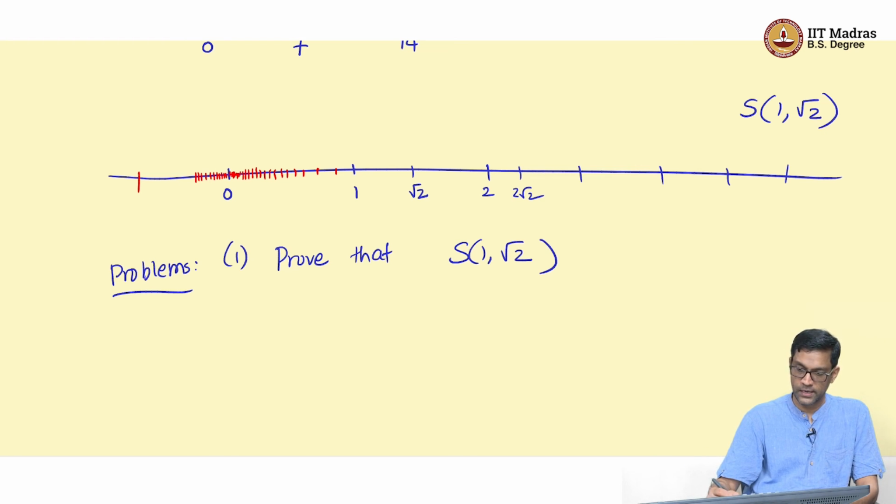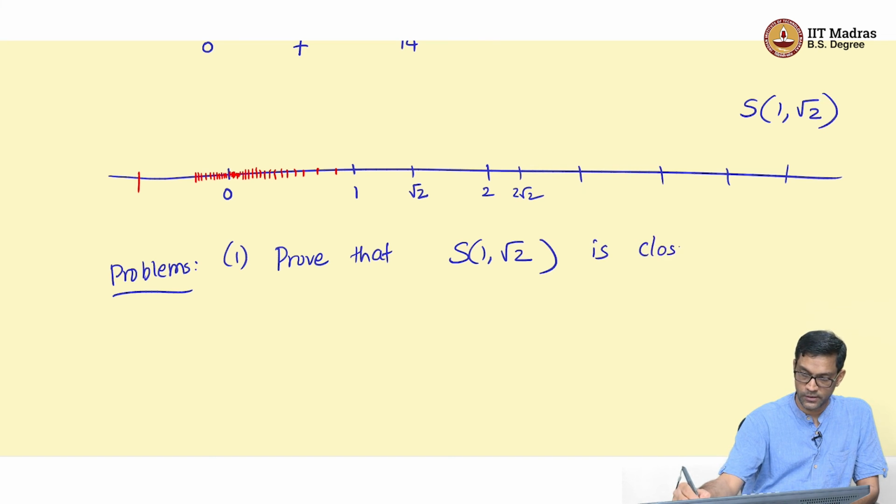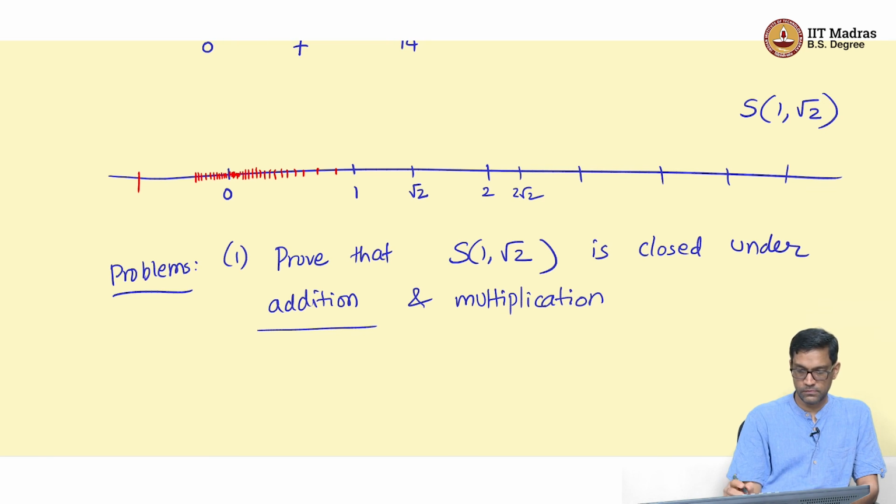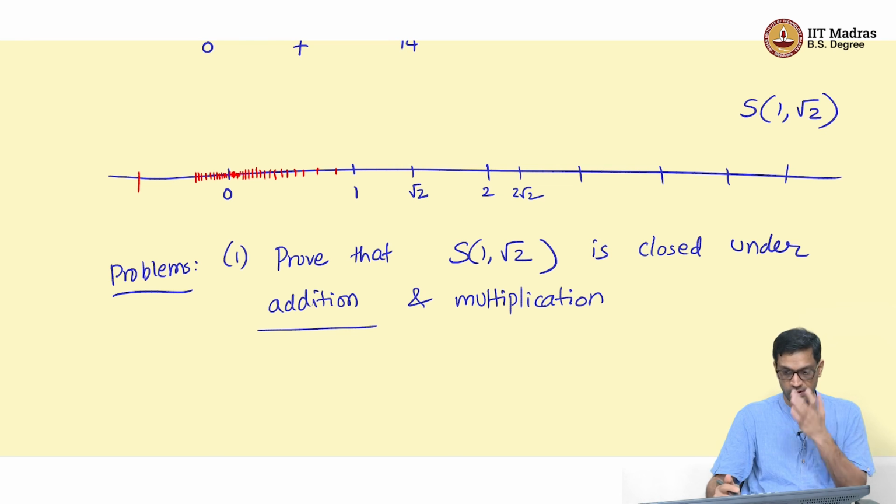Okay, so prove that S of 1 comma root 2 in particular is closed under addition and multiplication. Okay, so addition will of course be true if I pick any other pair of real numbers. Multiplication is sort of a bit special to things with square roots in them, 1 and root 2. So let's just do it in this example.